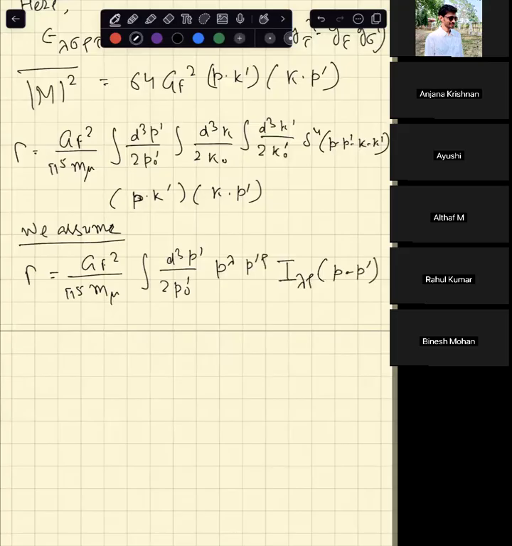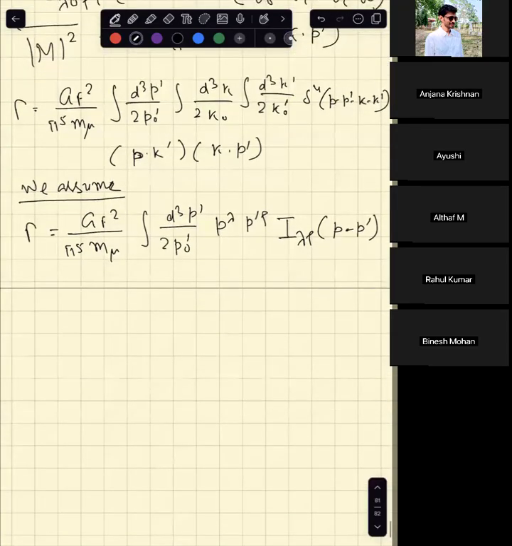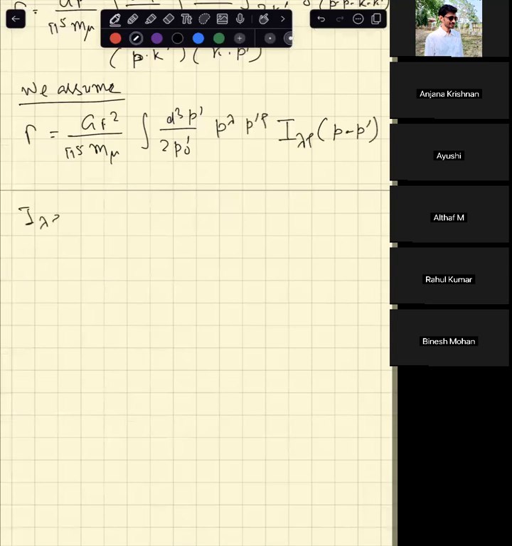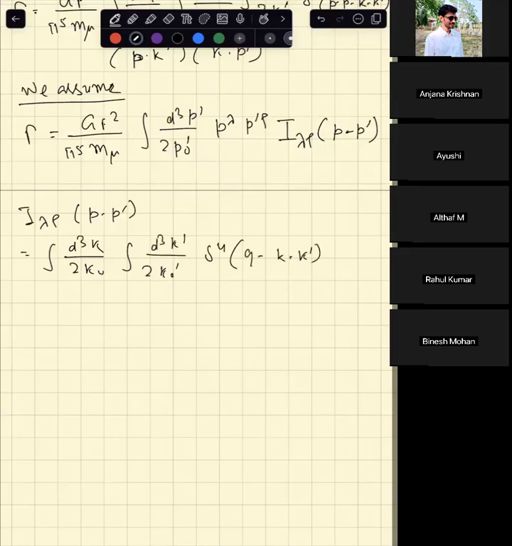So this is what we expect to calculate, right? And now what is this I lambda rho p minus p prime? Okay, this is actually your d cube k by twice k naught, d cube k prime by twice k naught prime, and delta 4 q minus k minus k prime, k lambda k rho prime, while q equals p minus p prime.